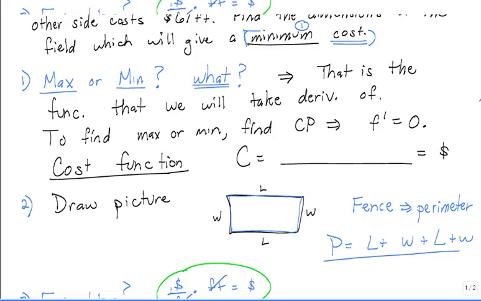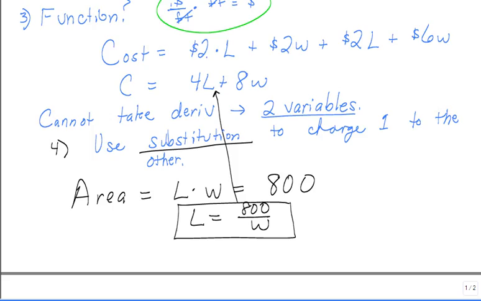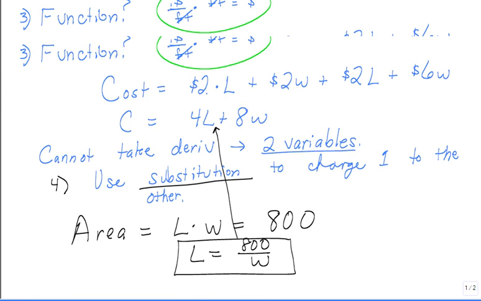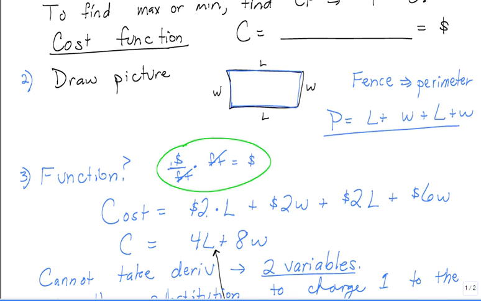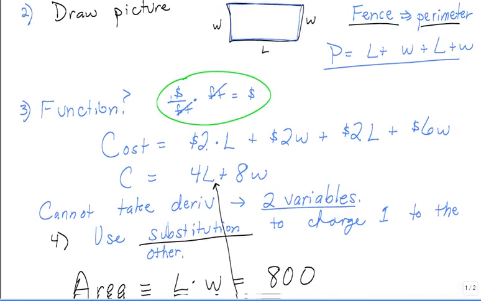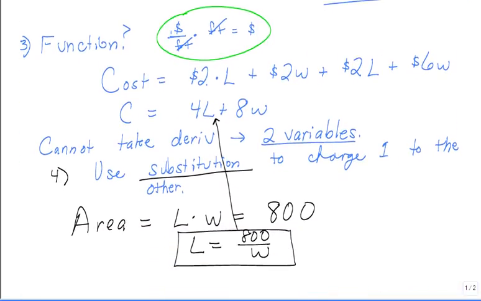We draw a picture, we know it's a rectangle, and we call it L and W, or you could call it X and Y. And whenever you're dealing with a fence, you're dealing with perimeter, so just automatically write down the perimeter of your shape. We add the cost into it.